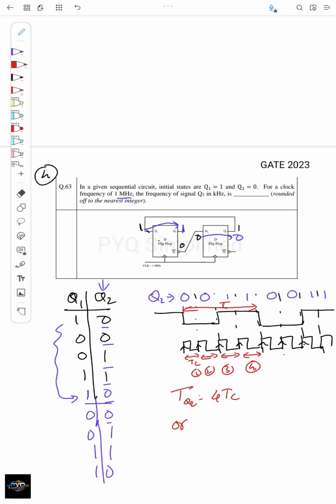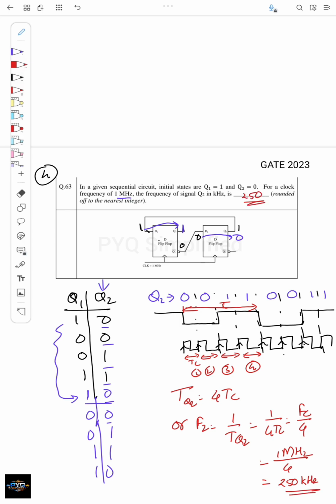If I want to find the frequency of Q2, that is F2, it will be 1 by 4 TC, or 1/4 of the clock frequency. What is the clock frequency here? 1 megahertz. 1 megahertz by 4 is 250 kilohertz. So the answer is 250.